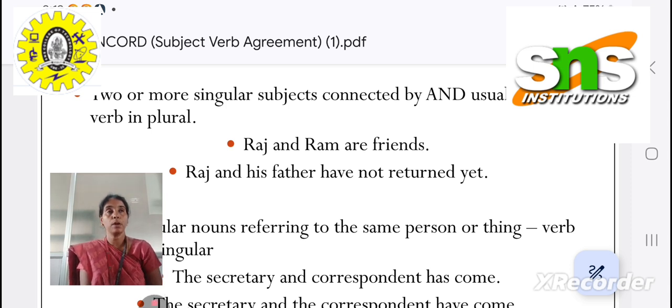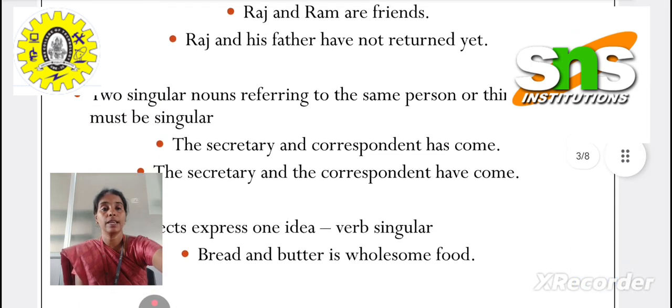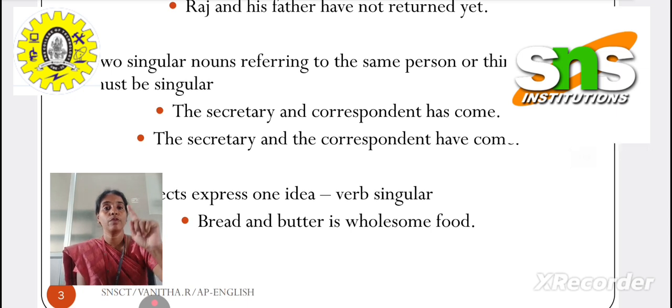The same rule: adding and to two different subjects. There we have another exception. When two or more subjects are used in a sentence, if the two singular nouns refer to the same person, then the verb must be singular.